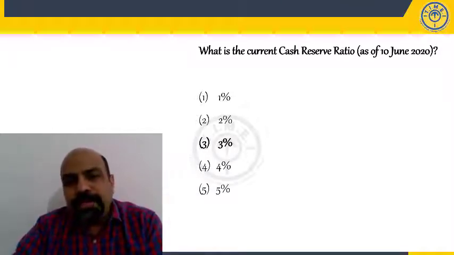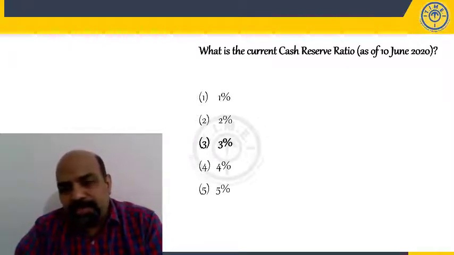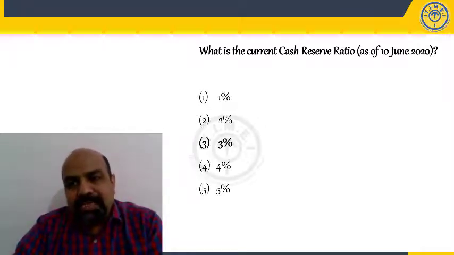Add 'li' before 'ability' and it becomes 'liability'. So let me repeat the definition. All commercial banks must keep a certain percentage of their total time and demand liabilities with the RBI.